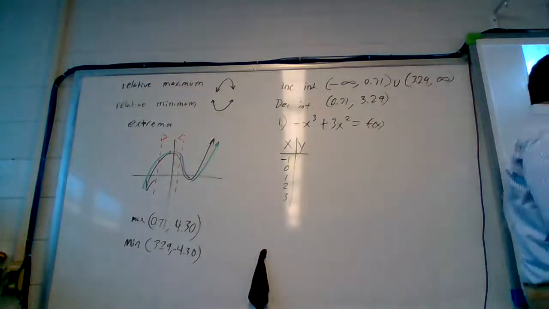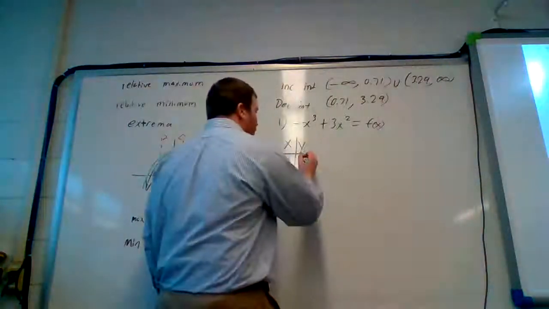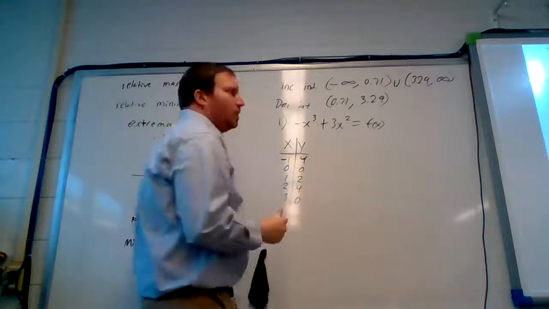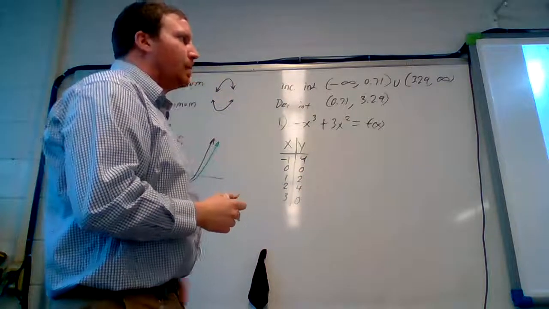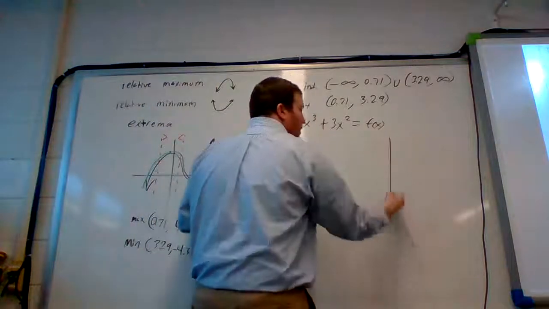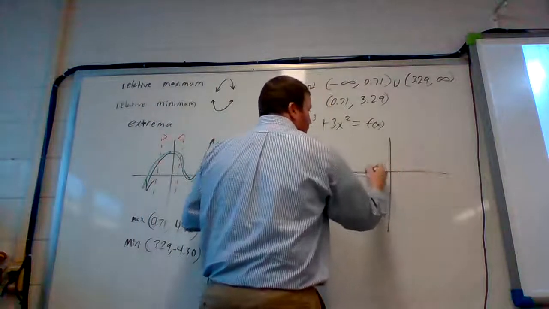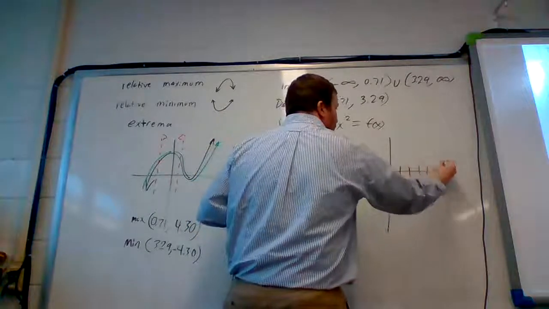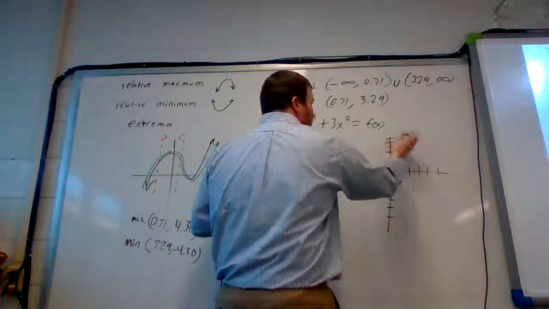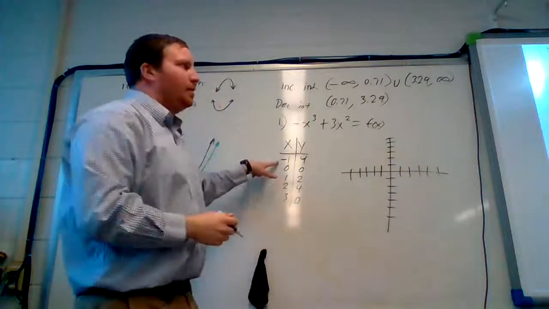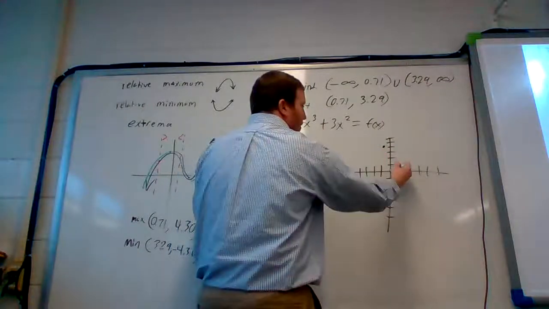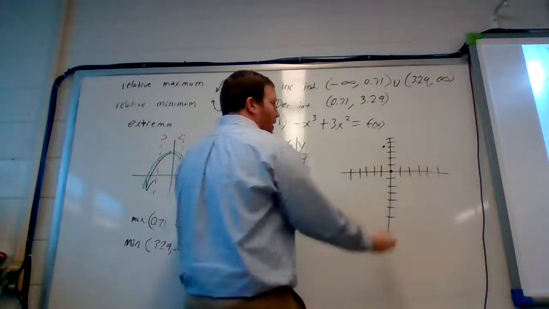So I've got 4, 0, 2, 4, 0. These points I can easily put on my graph. So at -1, I'm at 4. At 0, I'm at 0. At 1, I'm at 2.